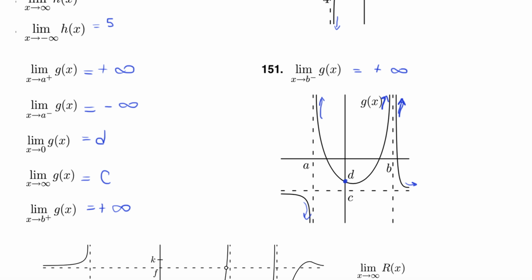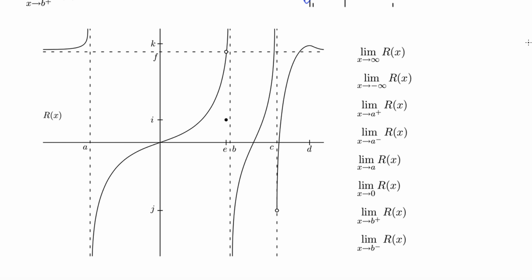Okay? Now a little bit more challenging will be a graph like this. When x approaches positive infinity, notice that this here is the part that approaches positive infinity for x, and it is approaching f. When x approaches negative infinity, notice this is the part that approaches negative infinity in x, so it's also approaching f.